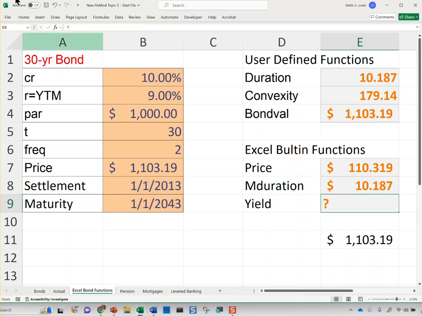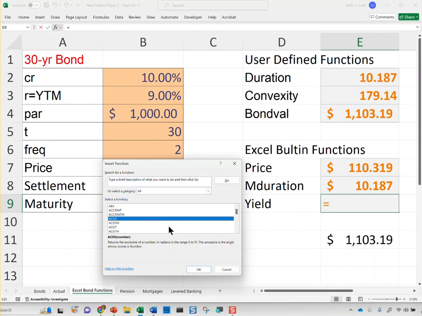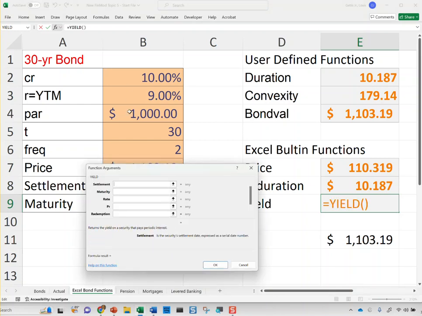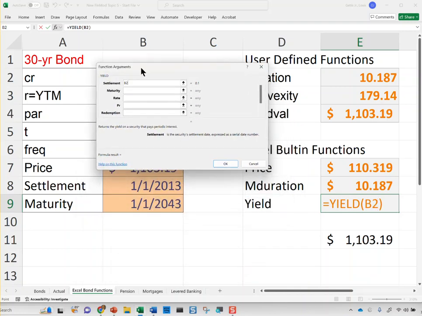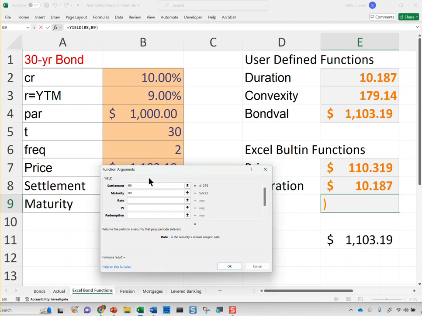And then lastly, the yield function. I'll come down here. I'll start typing yield. And I'll go ahead and put in my settlement. Maturity 1/1/2043. Now price. To get the yield to maturity, you need to know the price of the bond. Now, whoops, let's put the coupon rate back in there.